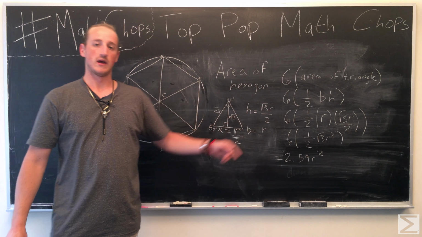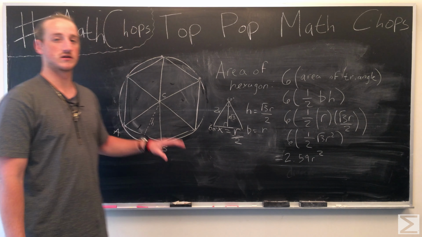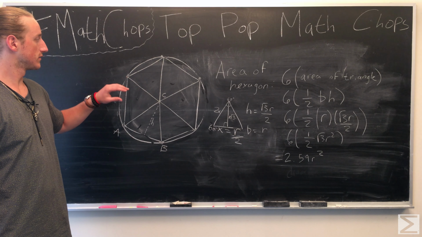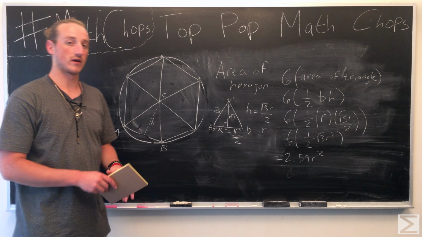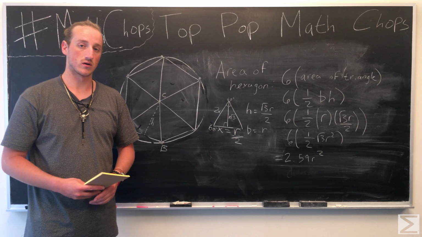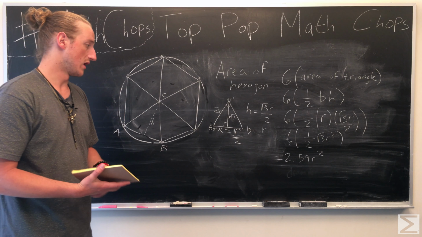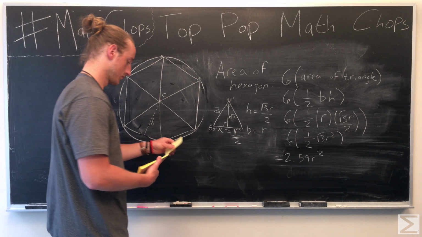Plugging it in and solving it through, we find that using this hexagon to approximate the area of the circle gives us 2.59 radius squared, which we also know is less than the actual area of a circle.